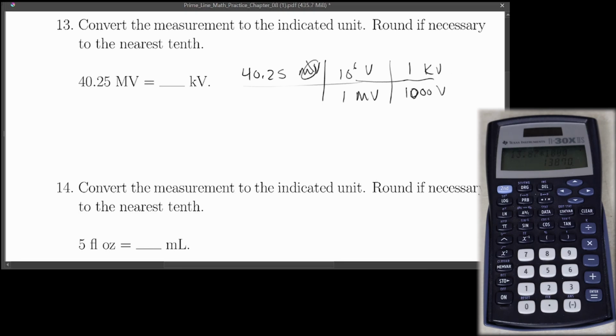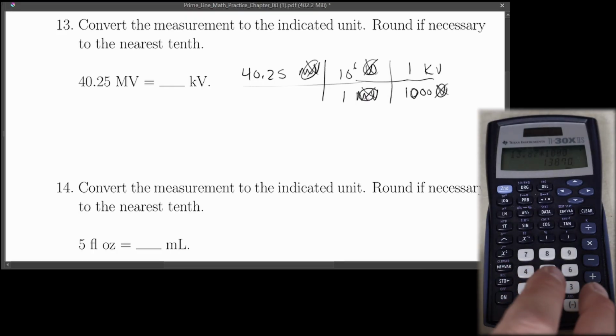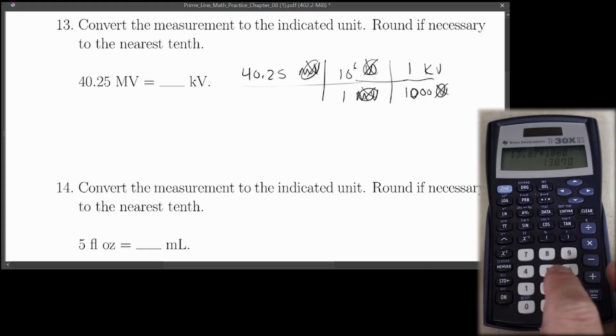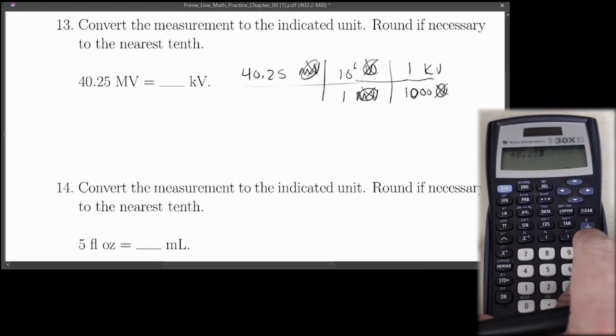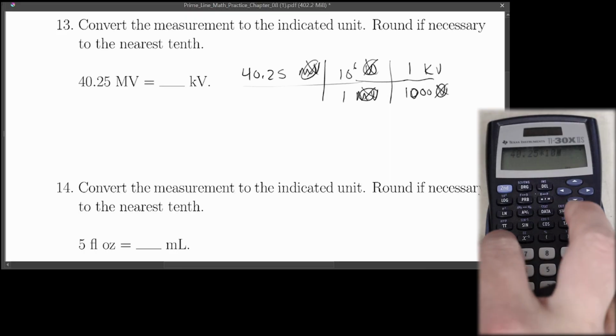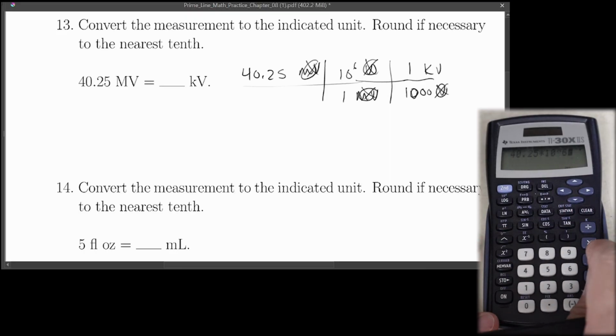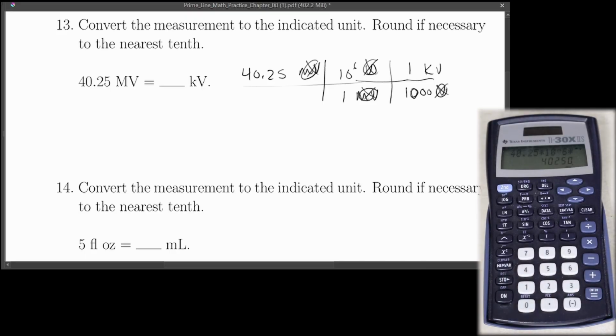So we're going to cancel out our megavolts, cancel out our regular volts, and this gets our factor here. So we can take 40.25 times 10 to the 6th times 1 divided by 1,000. And we get 40,250 kilovolts.